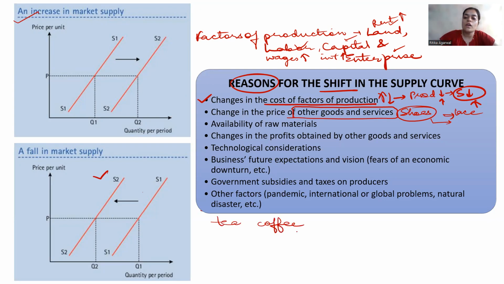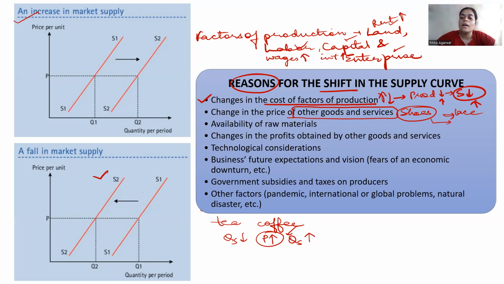What will happen in the market for tea? If the price of coffee rises, the producers of coffee will be selling more coffee. The demand for tea will fall. Sorry, demand for tea will rise, but the quantity supplied of tea will fall. Why? Because coffee has increased and the people will be shifting to it.